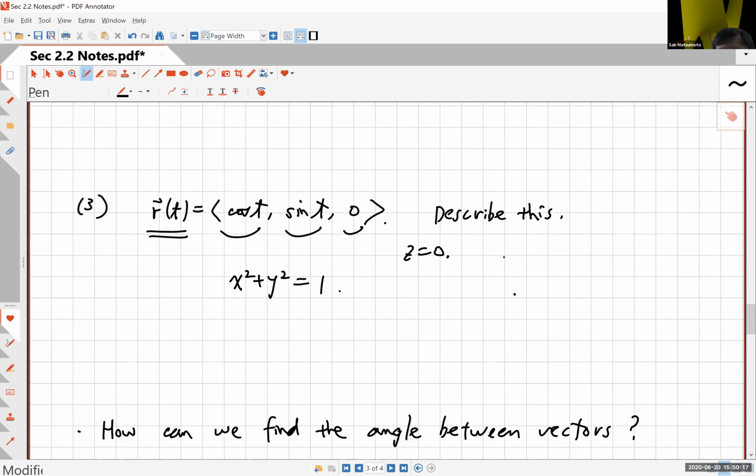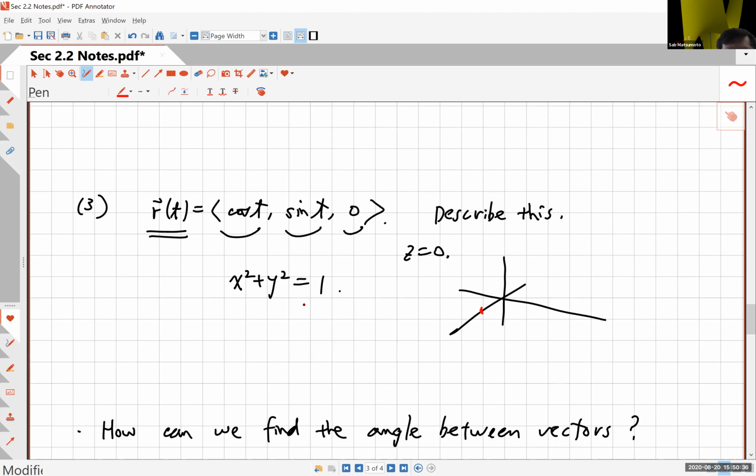Well, if this is a three-dimensional space, and it is three-dimensional because it has 3 components or 3 coordinates, this one just tells you that as t changes, if t is equal to 0, you have this point 1, 0, 0, right?